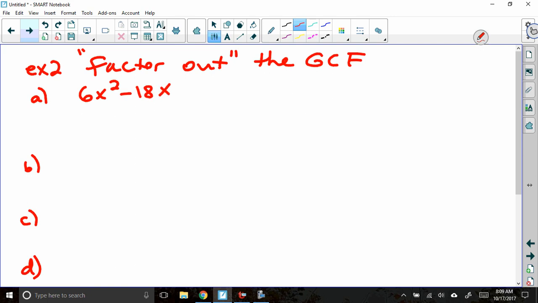Part B will have 25x squared plus 10x. Part C, we're going to look at 3x squared plus 6x. And part D, my second personal favorite, 5x squared plus 5x.